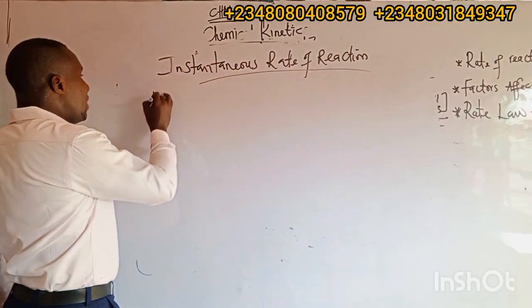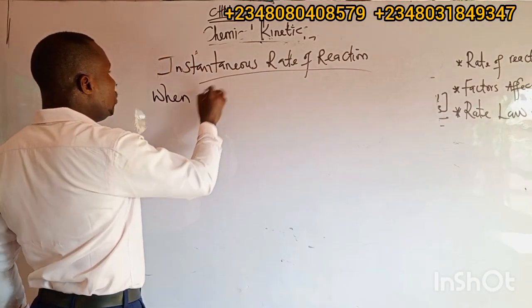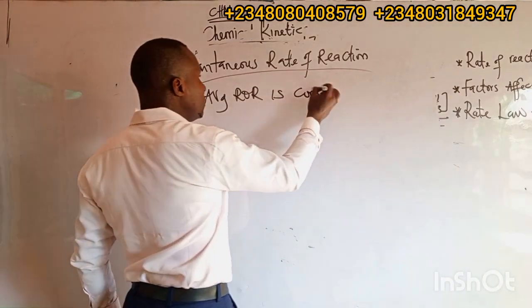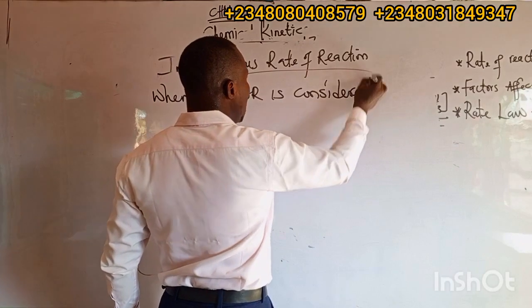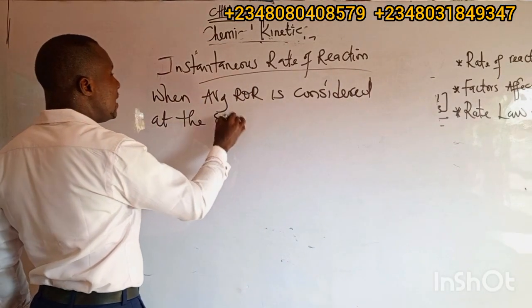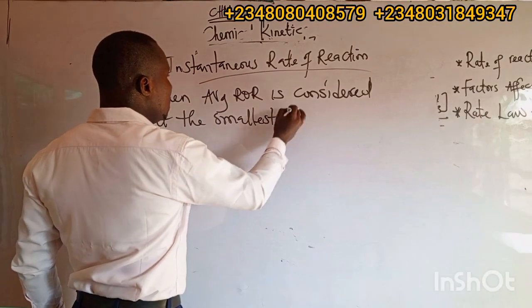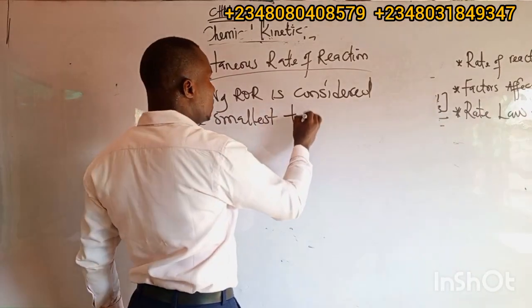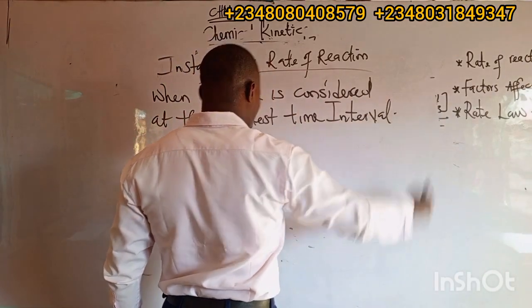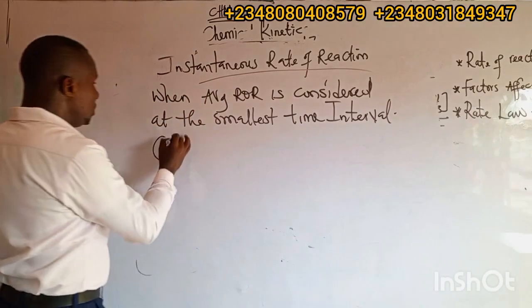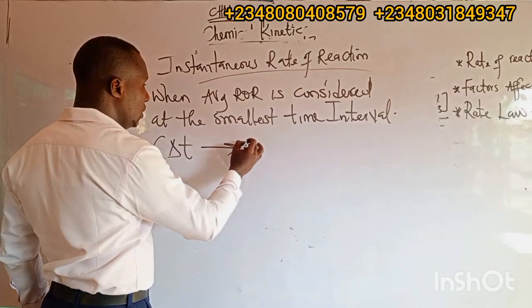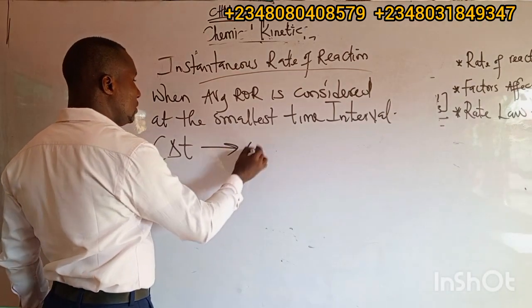This is when the average rate of reaction is considered at the smallest time interval, in which the change in time is approaching zero.